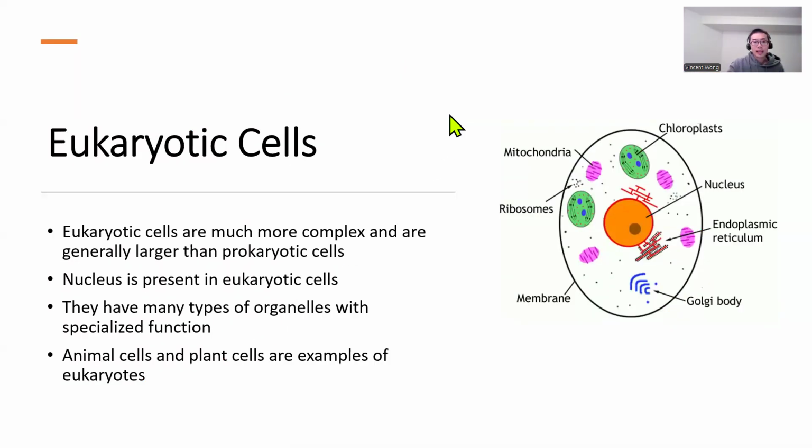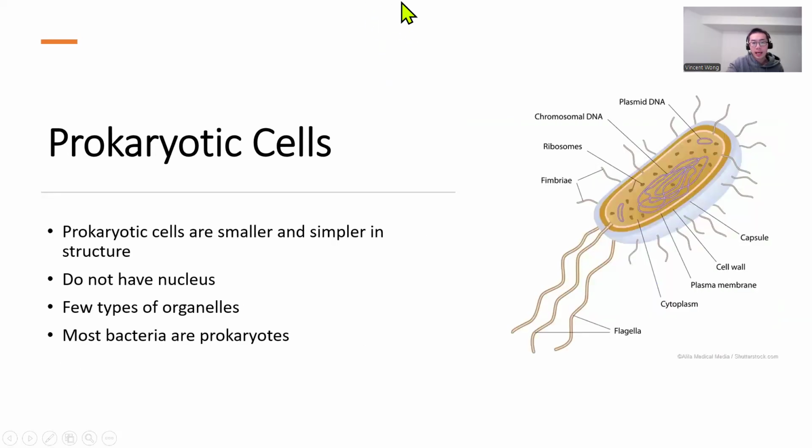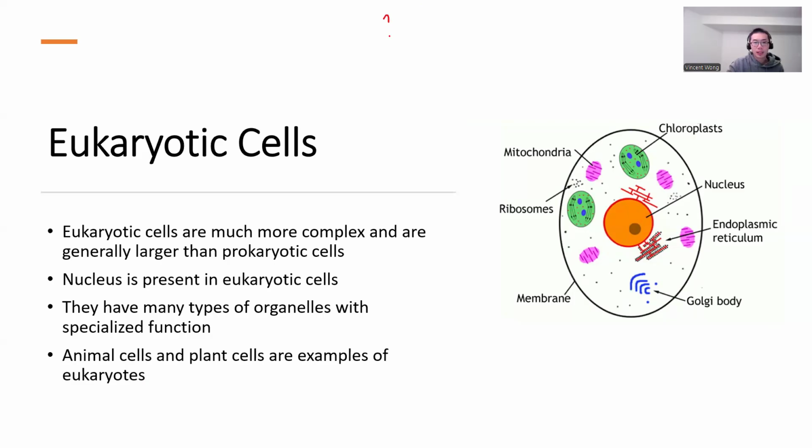So when it comes to cells, we try to categorize them into different types. We have the more primitive type of cells, which are called prokaryotes. These are P for primitive, they're simpler.